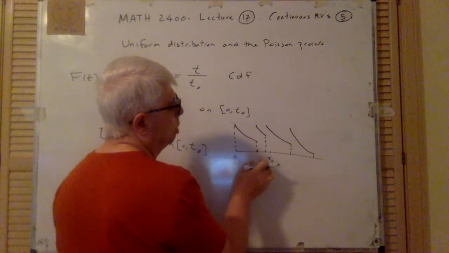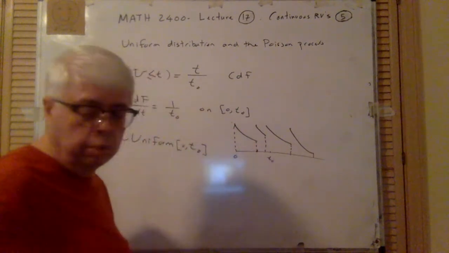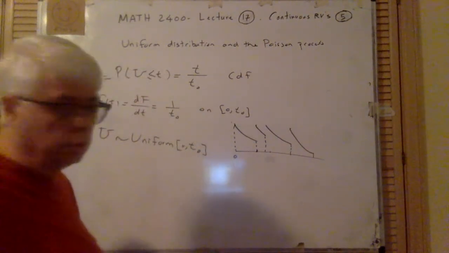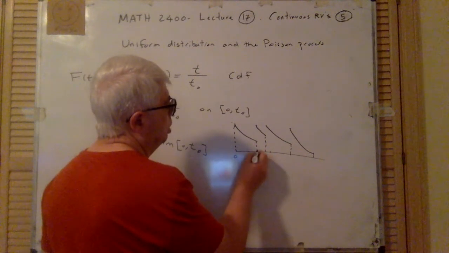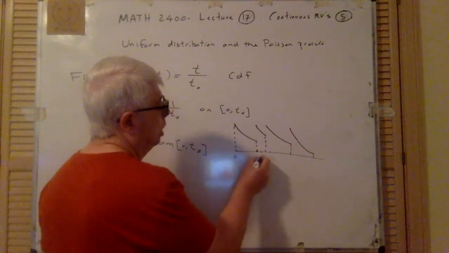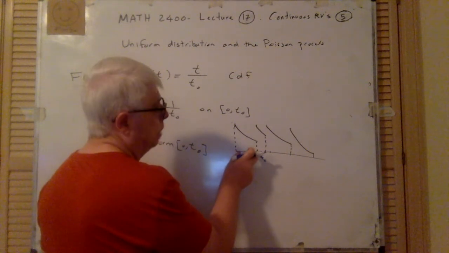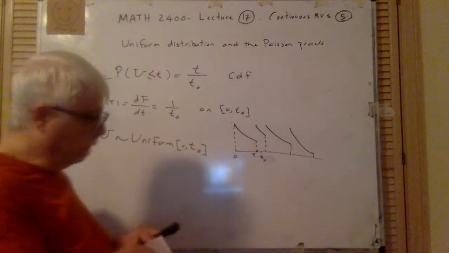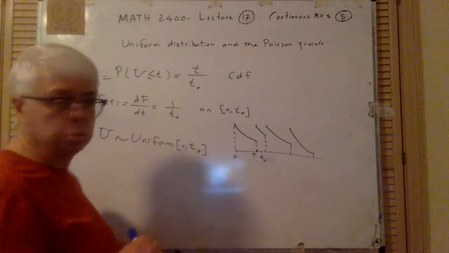When does this person arrive, if there's just one arrival? I'm assuming there's just one arrival, so t0 can be somewhere here, and in this interval this guy arrives at a certain time. That time has a uniform distribution.